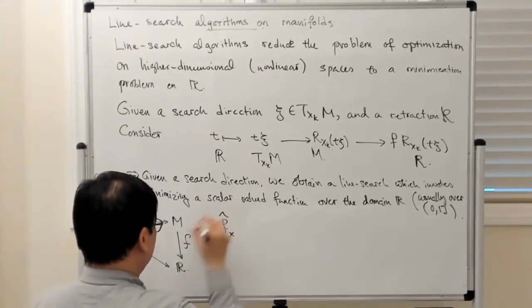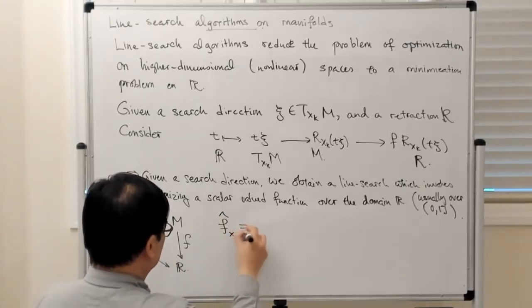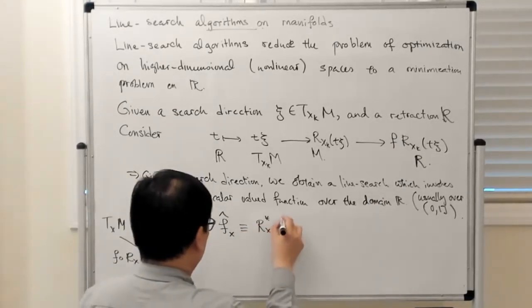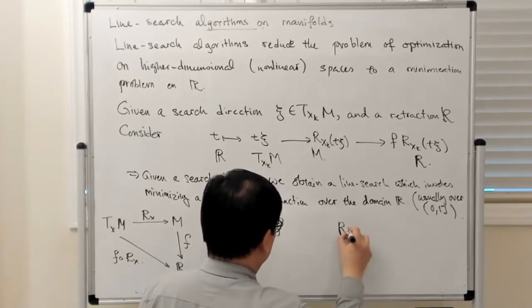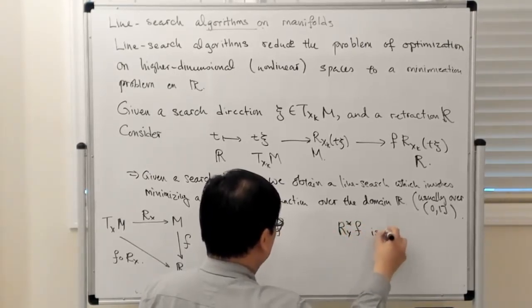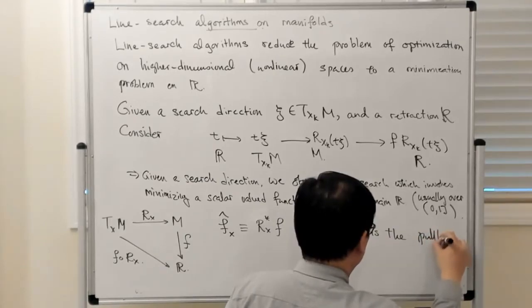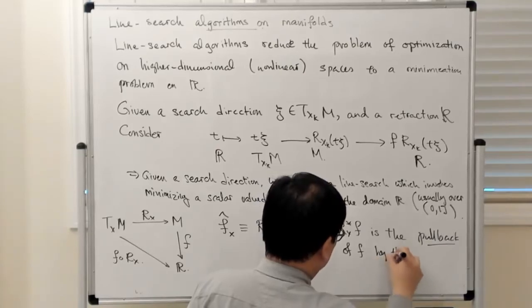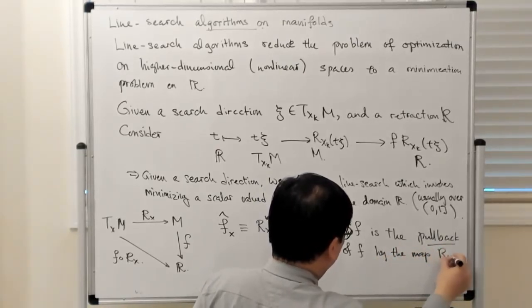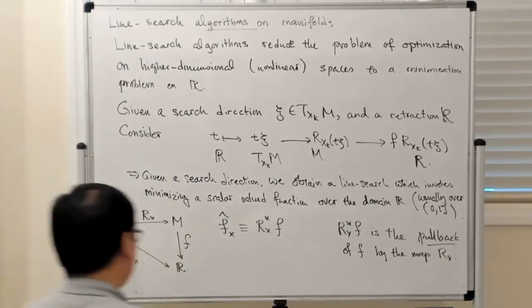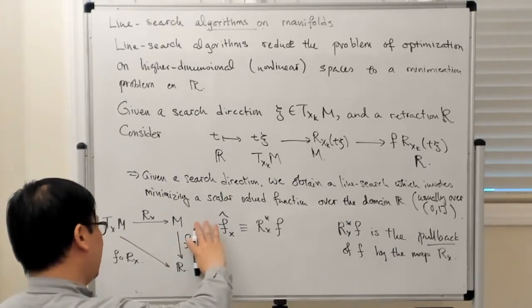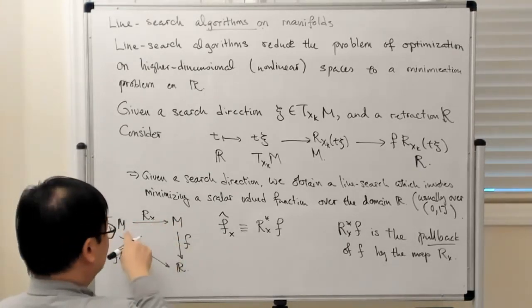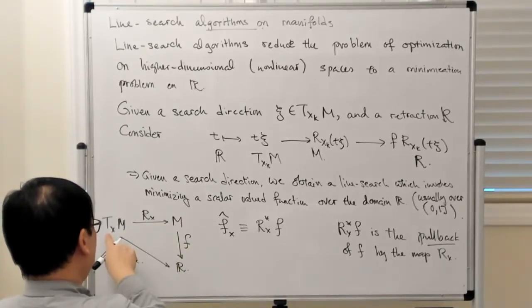So this is going to be f hat x, which is defined to be R_x star f, the pullback of f by the map R_x. It's called the pullback because it starts with a function on M and pulls it back, against the flow of the map R_x, to a function defined on T_x M.